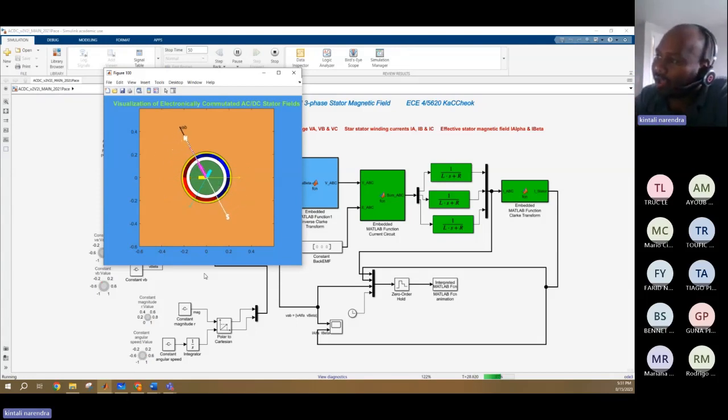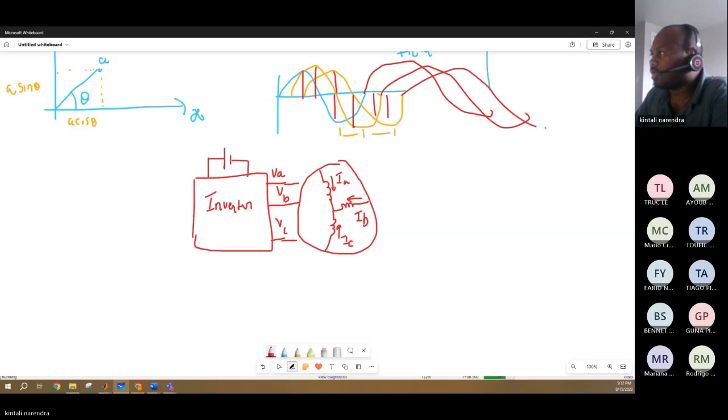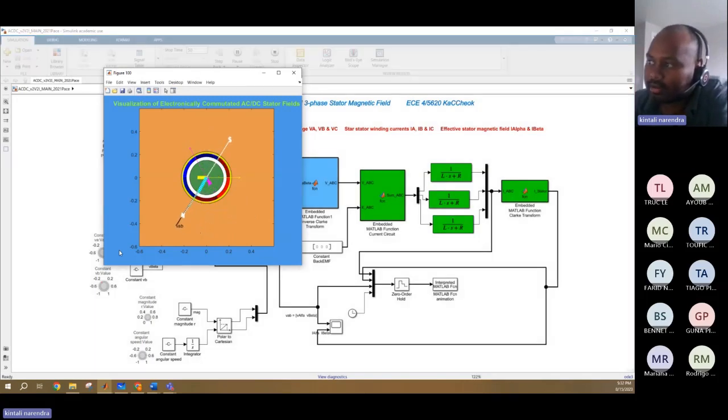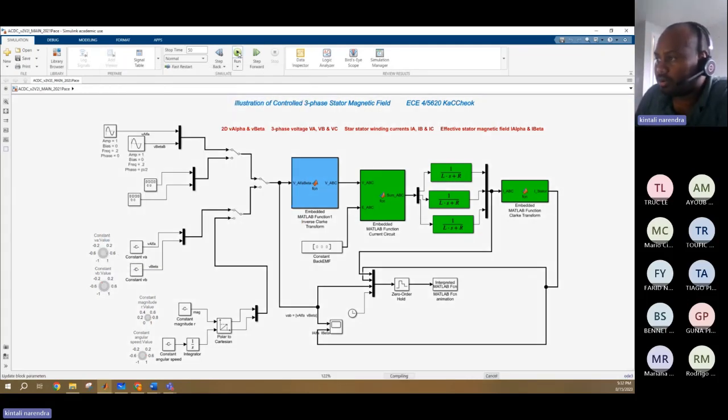If you observe this sinusoidal waveform, you'll have a continuation. These sinusoidal waveforms will develop the magnetic fields. From that, the resultant field developed by the stator is this white line, which shows the North Pole and the South Pole.